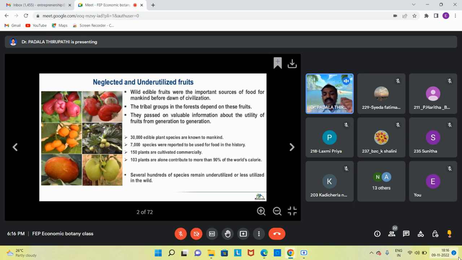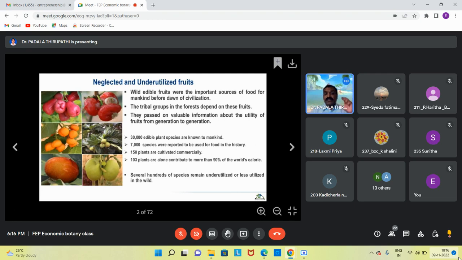See how we know about the importance of fruits. Across the entire world, there are 30,000 species, but only 150 species are cultivated commercially. Among these, just a few plants alone contribute to more than 90% of the world's calories. Then what about the remaining 29,000 species?